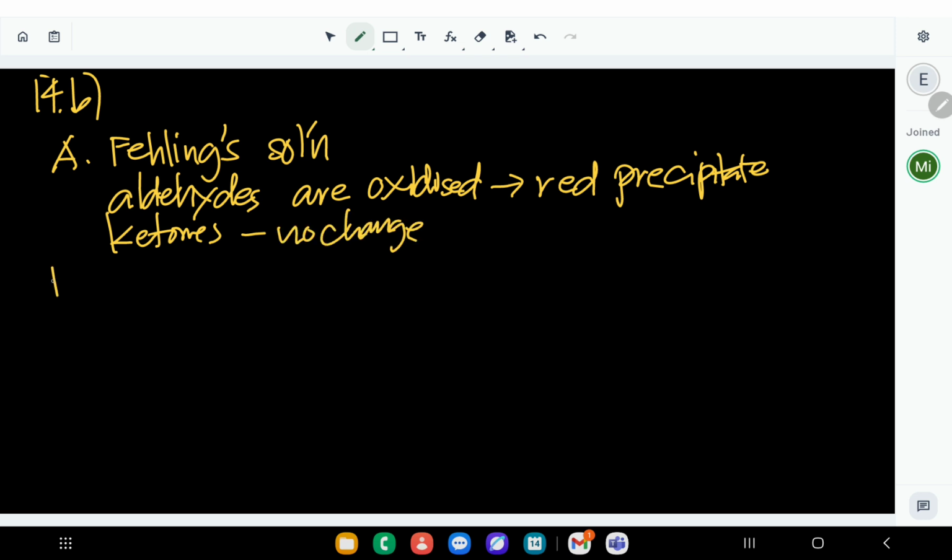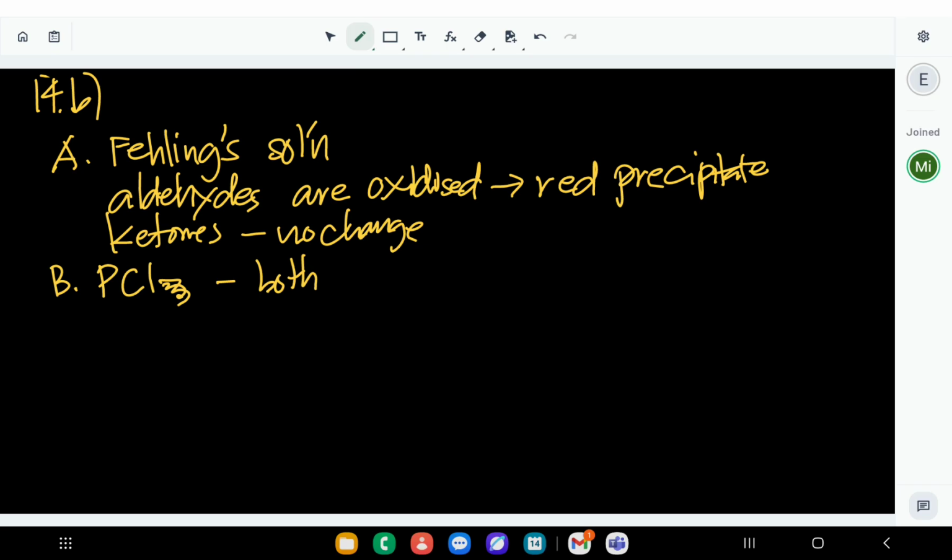And then for letter B, phosphorus chloride, we're only given aldehydes and ketones, propanal and propanone.